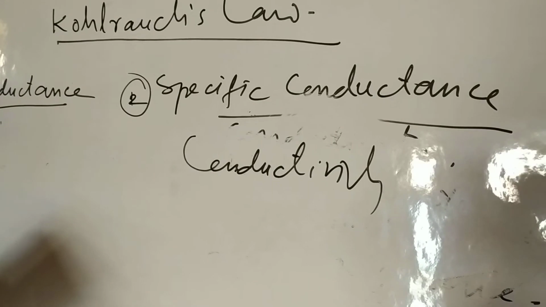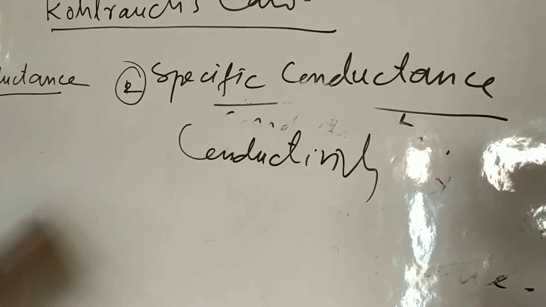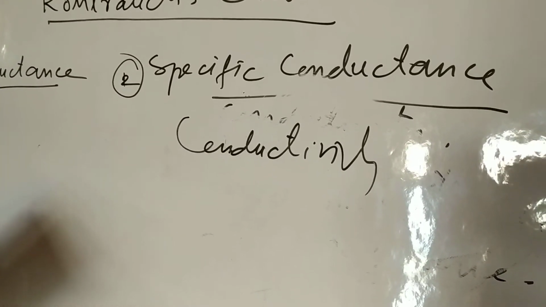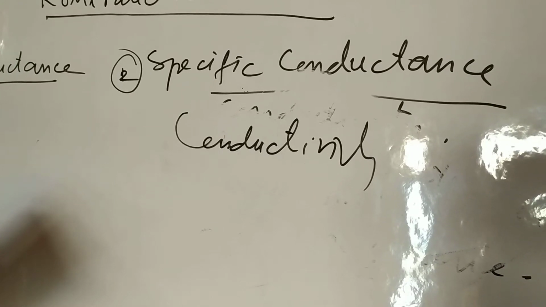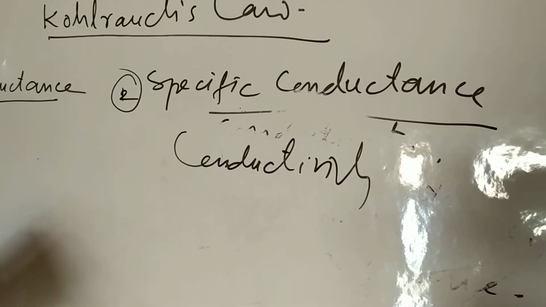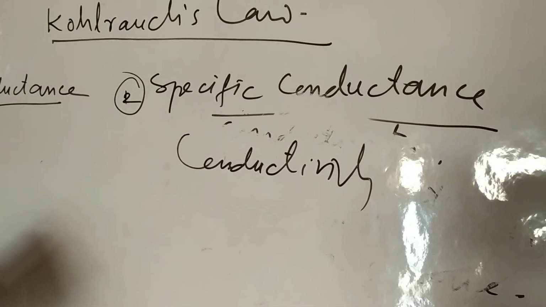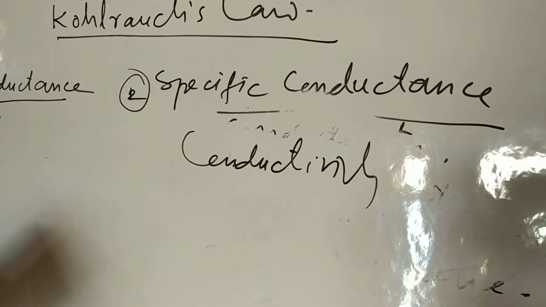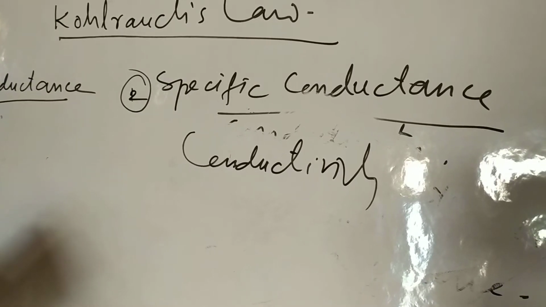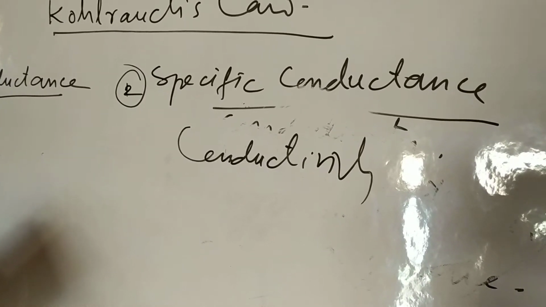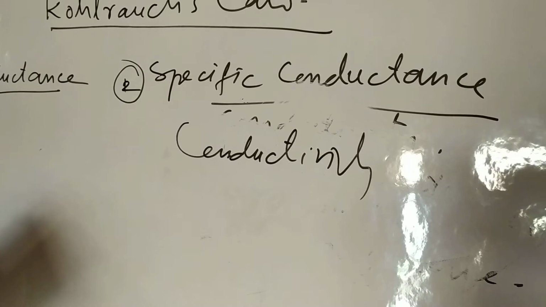Specific conductance or conductivity. This is another term which we have to understand before we proceed ahead. What is specific conductance? It is also called conductivity. We derive this from the specific resistance. So in order to understand specific conductance, we have to understand what specific resistance is.